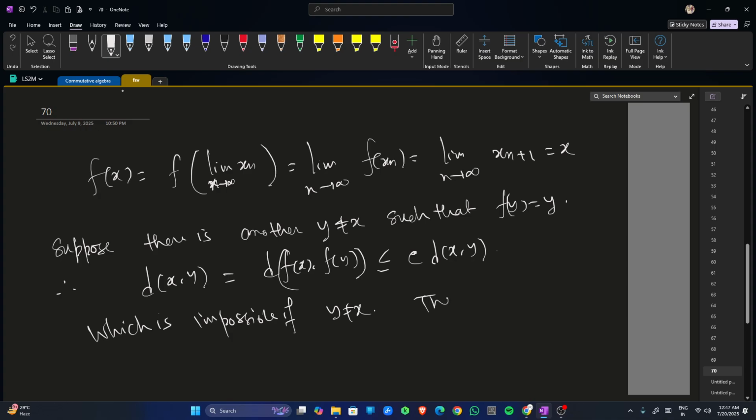Therefore, f has a unique fixed point. This completes the proof.